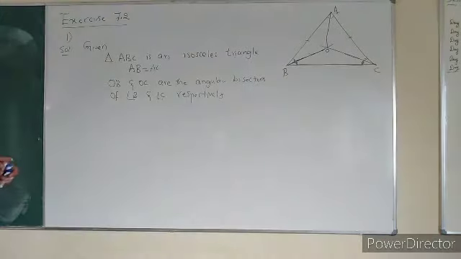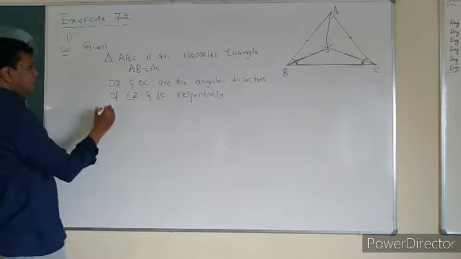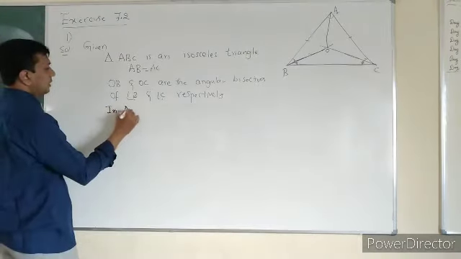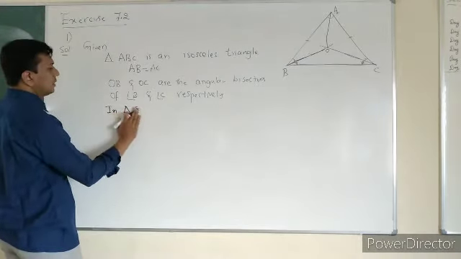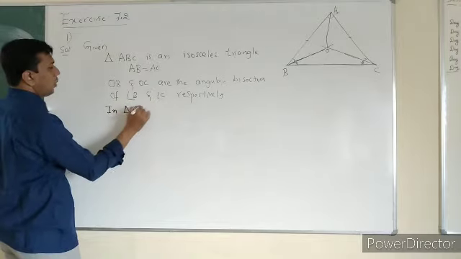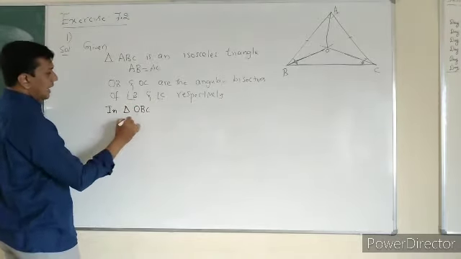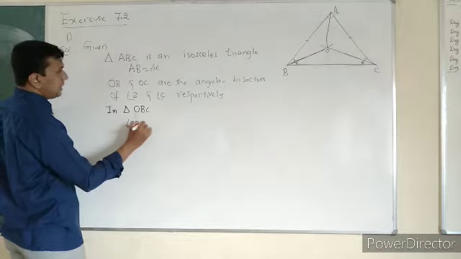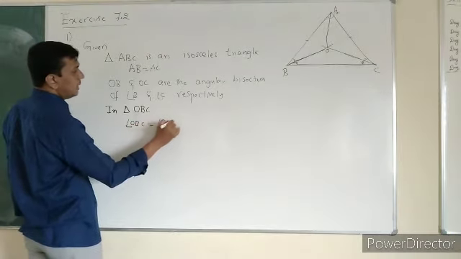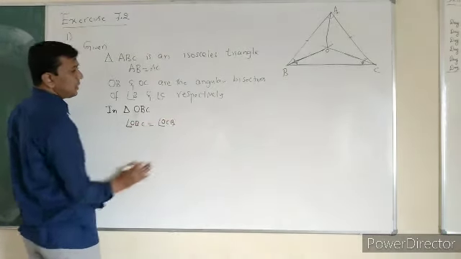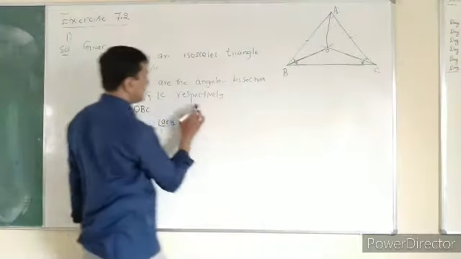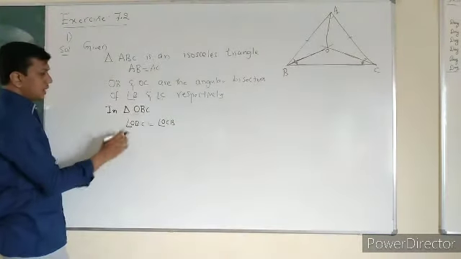Now in triangle OBC, angle OBC is equal to angle OCB because of the angular bisectors.